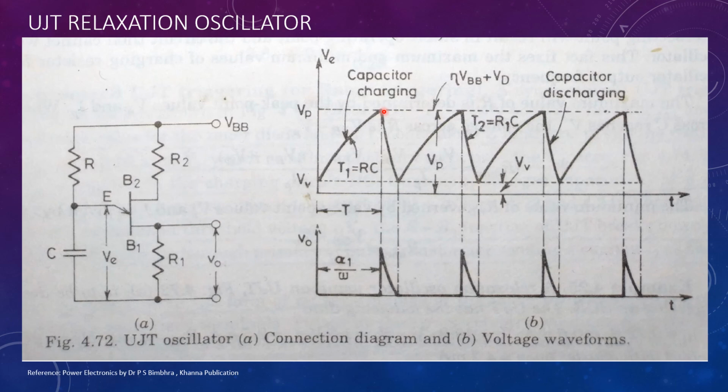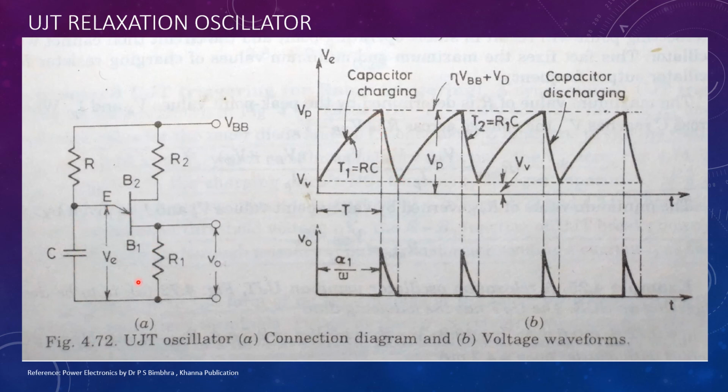As soon as the capacitor voltage tries to exceed beyond the peak point voltage, the emitter potential will rise beyond the peak point voltage and the UJT will turn on. Since the UJT turns on, the capacitor discharges through the emitter base 1 junction. The discharge action of the capacitor is shown over here.